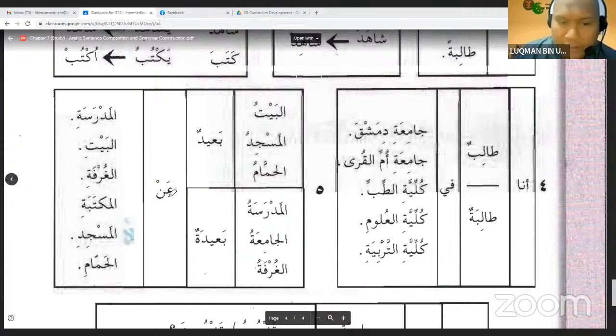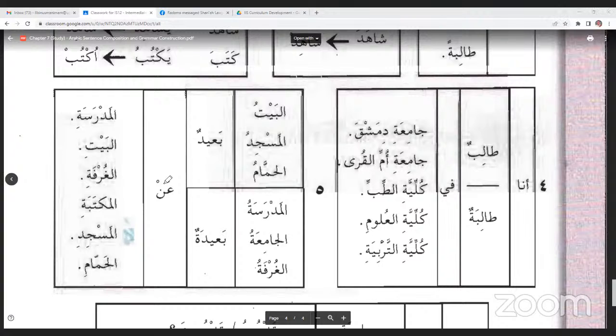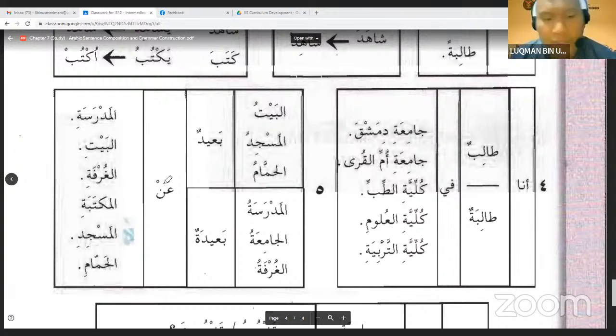So again, an, if it's used to express distance, you will use this to express how far it is. But if you're expressing how near the distance is, you're gonna use min. So al-baytu qaribun min al-madrasati.